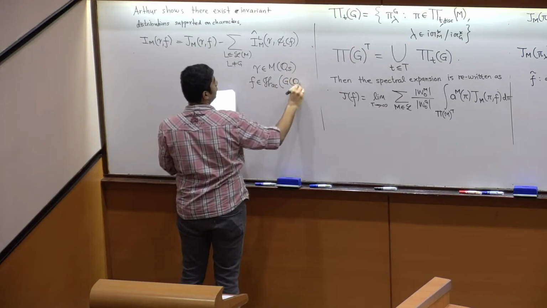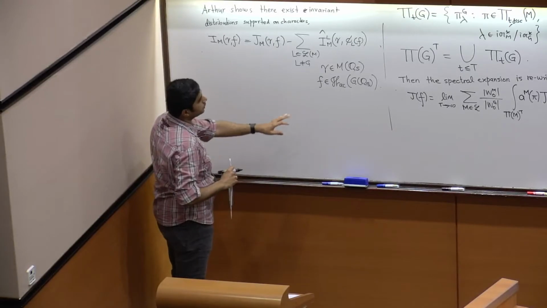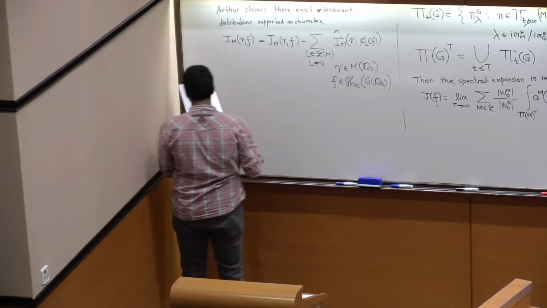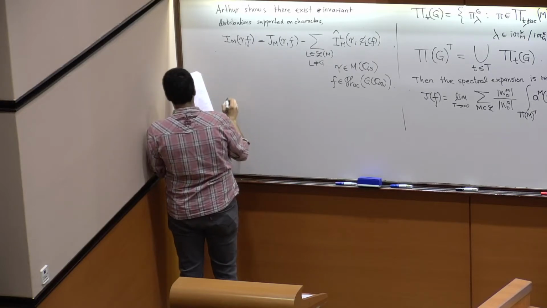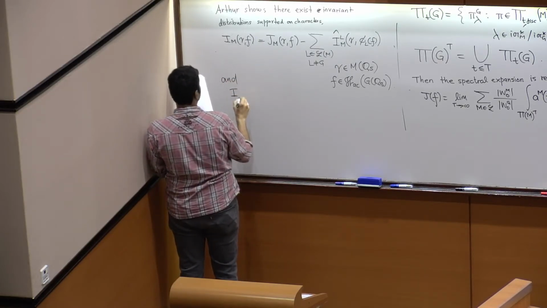So H_AC is some formal thing, since you cannot work with the Hecke algebra, so he takes some limit and defines this space. And something similar holds for the spectral side.